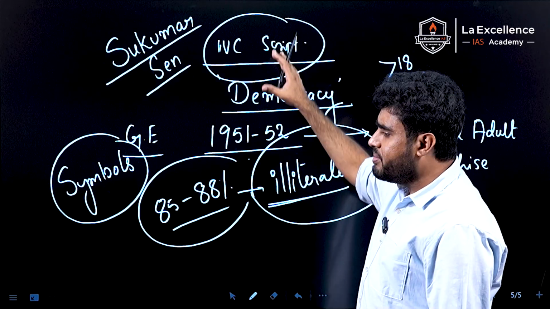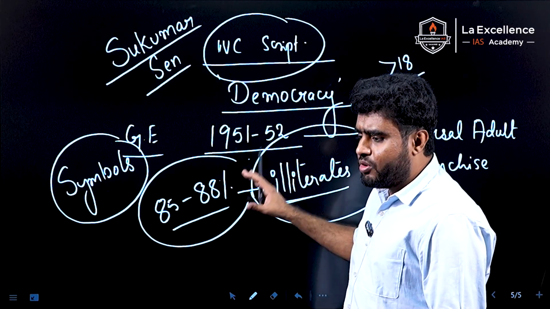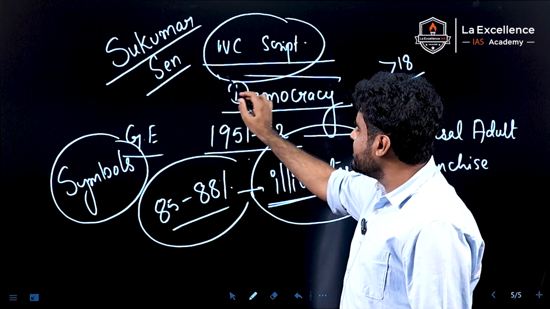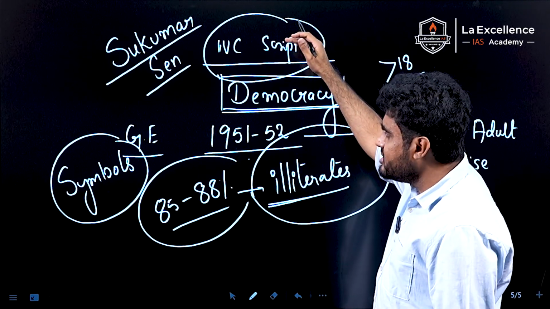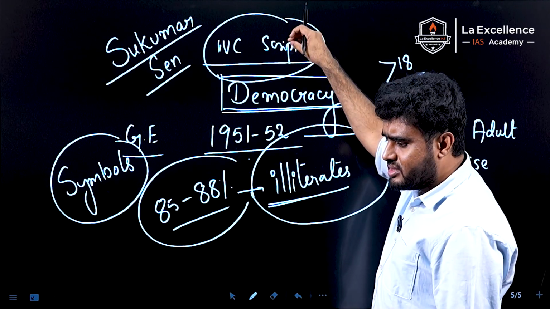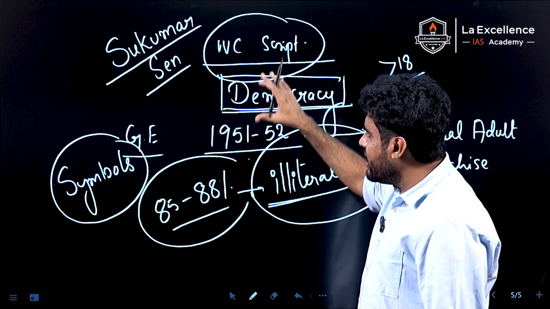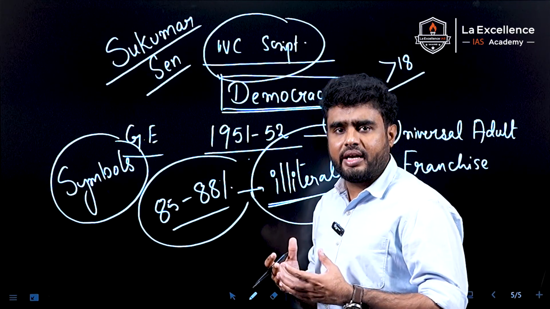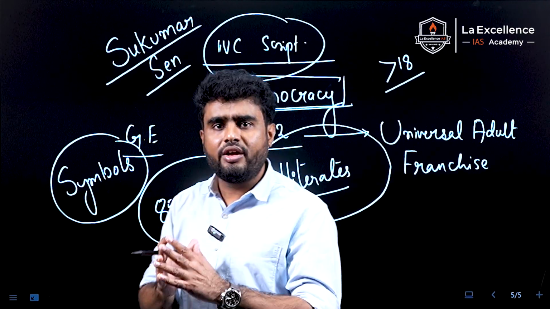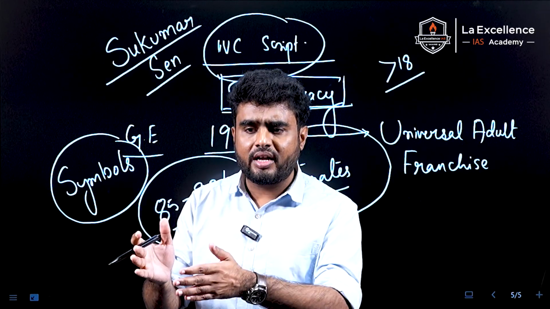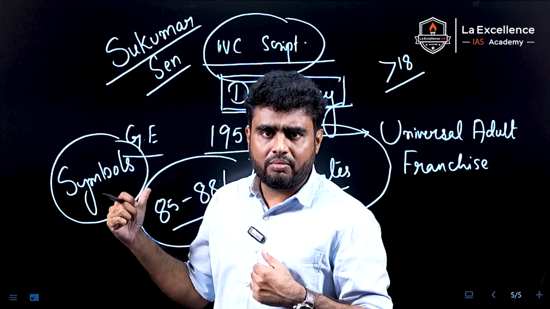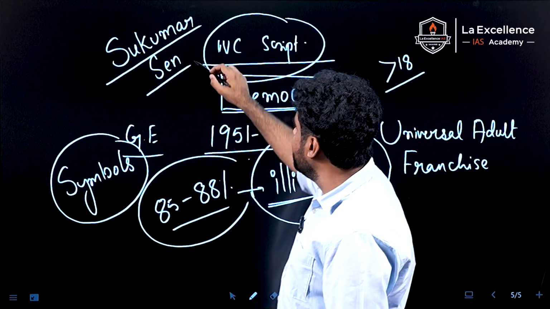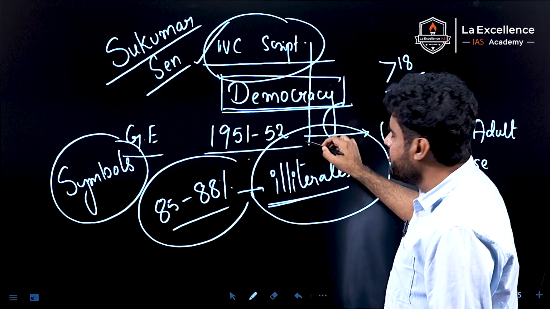So the IVC people even contributed in post-independence India to the successful running of democracy, because their symbolic script is still continued in present-day elections. Political parties are still remembered by people in the form of symbols. This is how we still remember the IVC even in our present times.